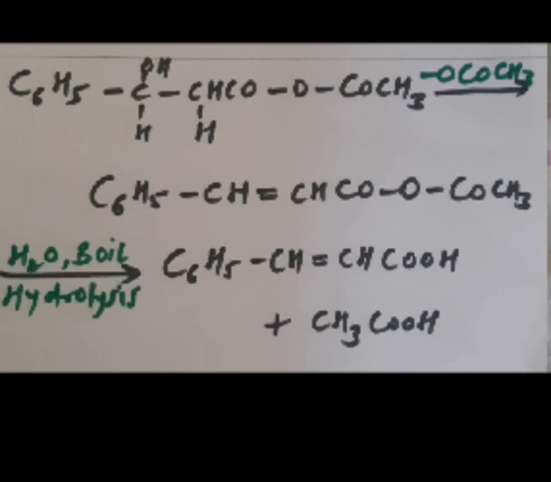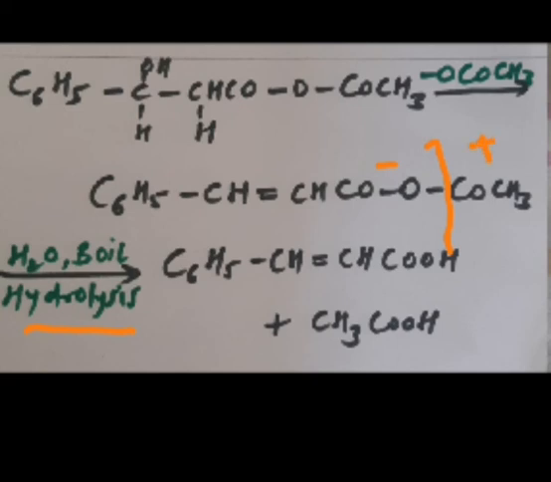So hydrolysis you can do in presence of water. You have to boil the components. Now due to this hydrolysis, what is going to happen? Simply there will be an addition of water and the bond within the molecule will break. So where is the bond going to break? Just think about it. So this is the point where the bond will break. So there will be O minus and CH3CO plus, right?